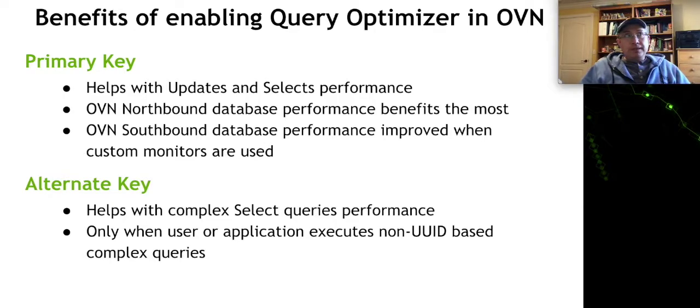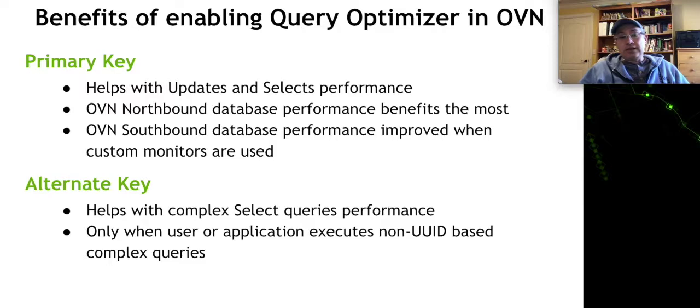One question which arrived recently is, what are the benefits of enabling Query Optimizer in OVN? In the case of the primary key, we do have some cases, particularly on the northbound database, where it will likely benefit any sort of updates and selects performance out of the box. For the southbound database, not so much, unless custom monitors and custom applications are used, where it can still be beneficial.